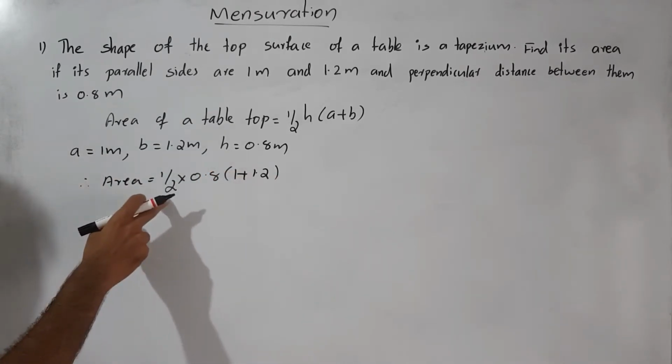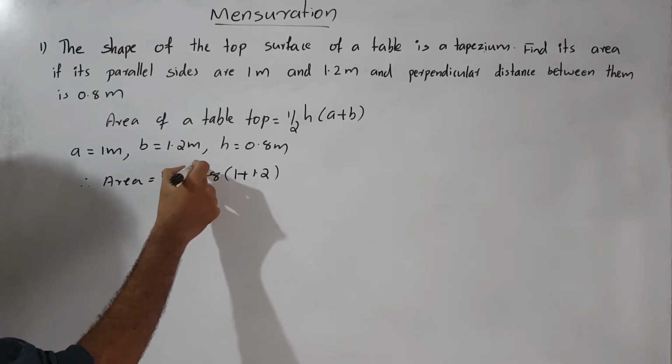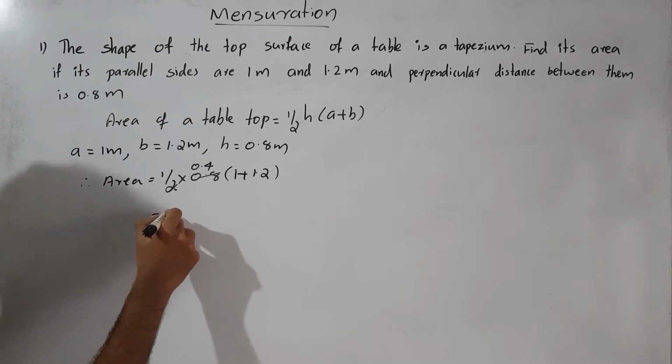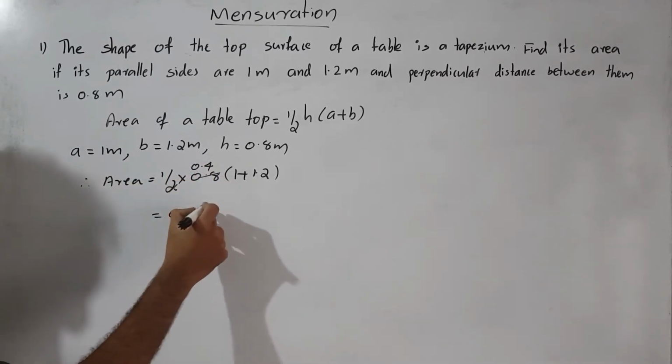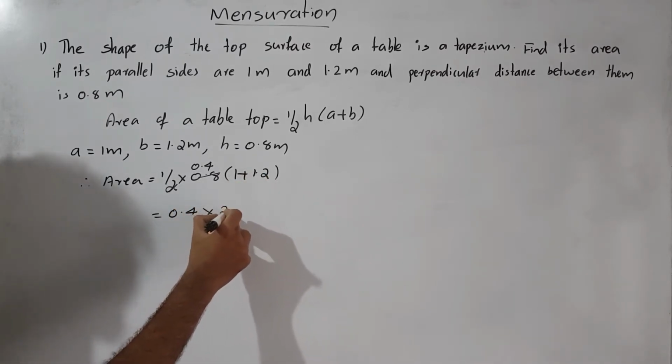Then it is possible to reduce: half of 0.8 is 0.4. Then it is equal to 0.4 into 1 plus 1.2, which is 2.2.